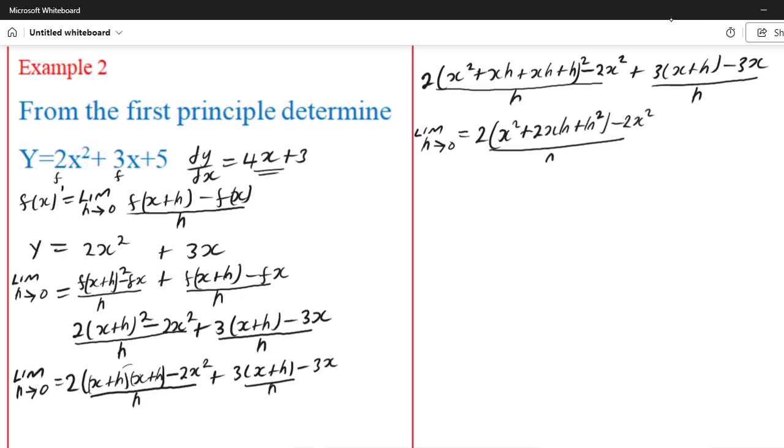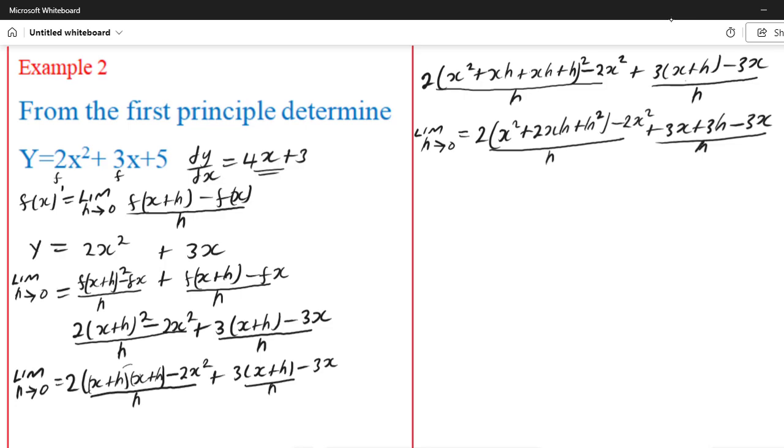Everything we divide by h. Then we add, open bracket, 3x plus 3h minus 3x. Everything we divide by h.